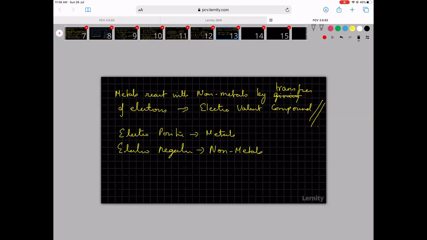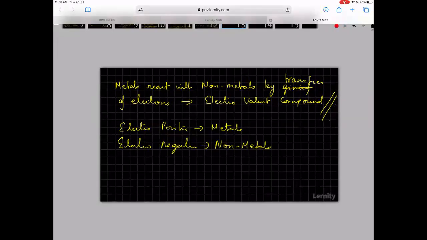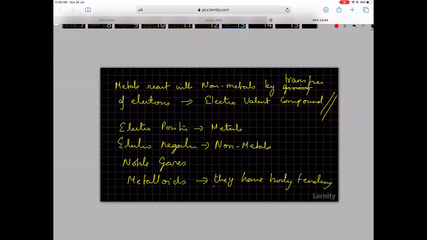Then you have the noble gases, and then you have the metalloids. They have both tendency to take or share or give.